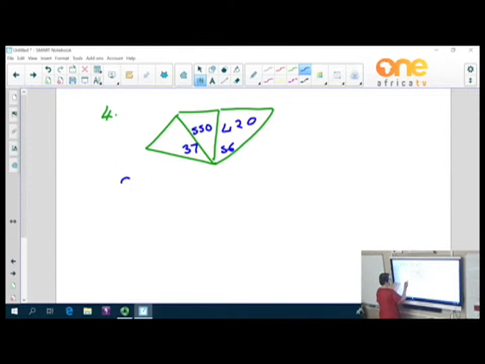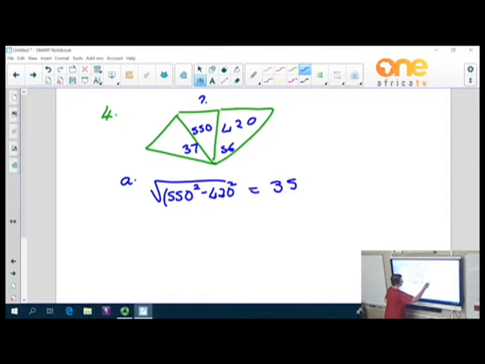Now, the first thing that we want to find here is AB. And we've got the 2 sides there. This is what we want to calculate, so it will be 550 squared minus 420 squared, and the answer that I got there was 355. You can just do the sum.